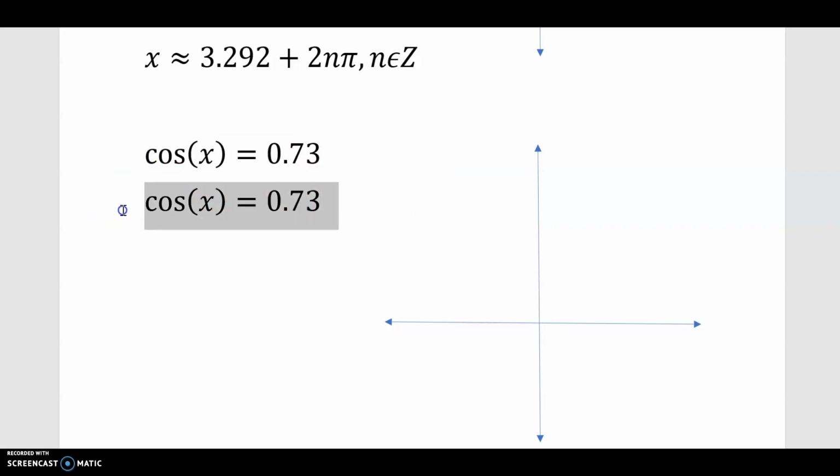So if I put that into my calculator, x is going to be roughly, and again, make sure you're in radian, not degree mode, arc cosine of 0.73 is going to give me 0.752.